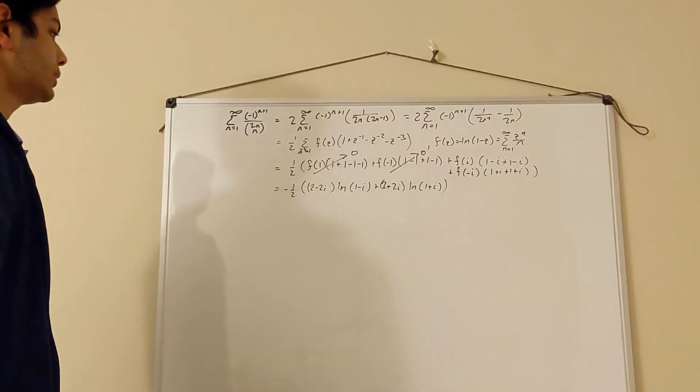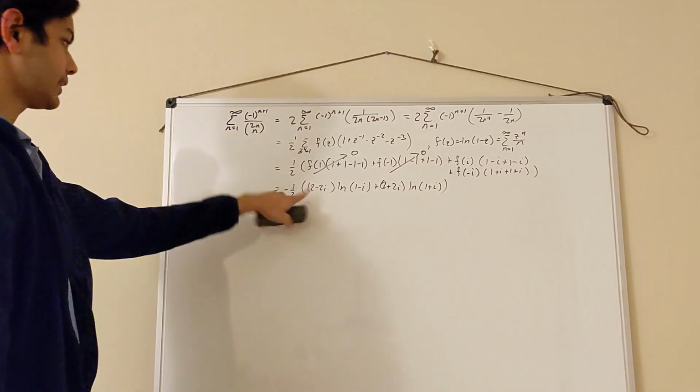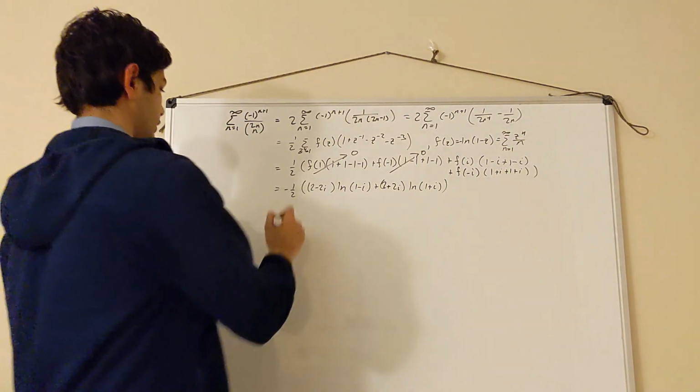Okay, so now let's isolate the real and imaginary coefficients on the outside. And let's actually multiply and divide out by 2 because that doesn't really do anything.